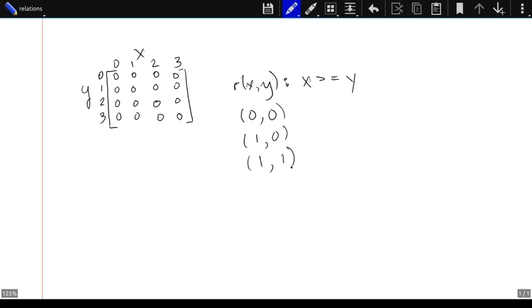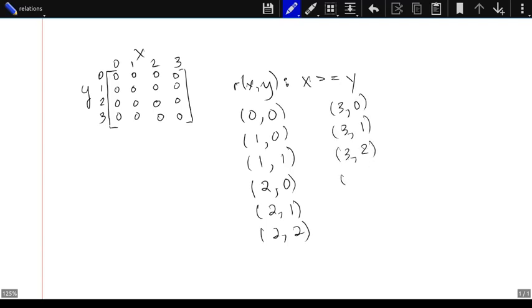So for those two pairs, with that value of x, this relation holds true. What about for 2? Well, 2 is greater than or equal to 0, and 2 is greater than or equal to 1, and 2 is greater than or equal to 2. All right, so what about the value 3? The value of x is 3. 3 is greater than or equal to 0, and 3 is greater than or equal to 1. 3 is greater than or equal to 2, and 3 is greater than or equal to 3.